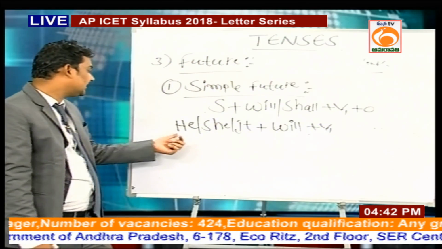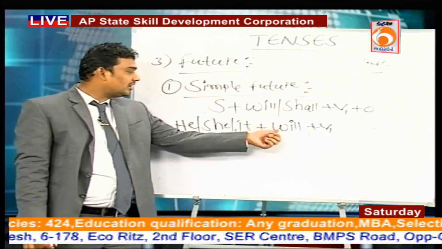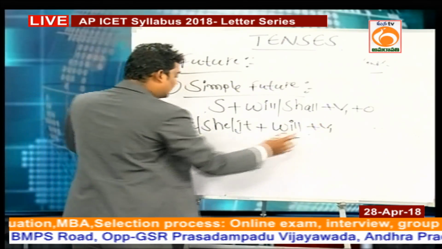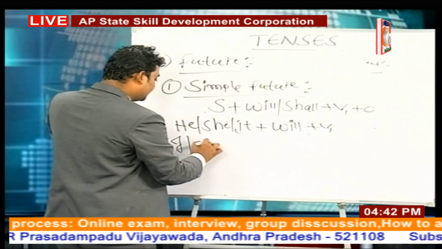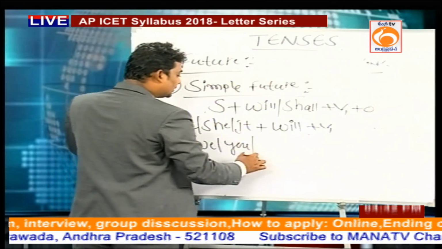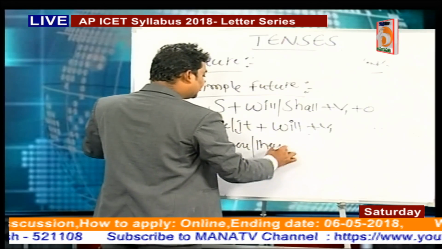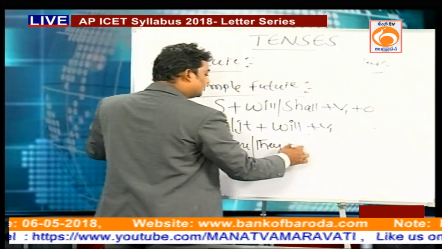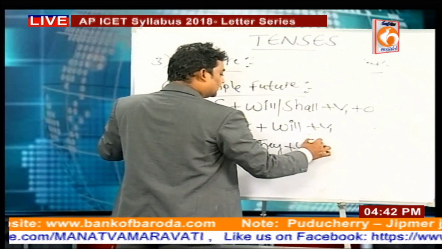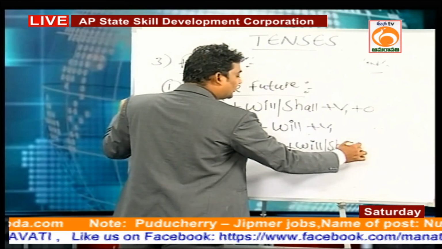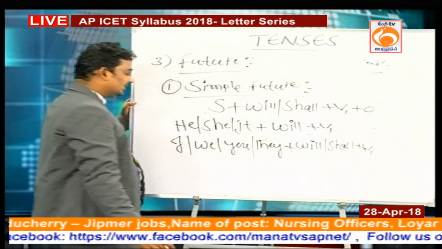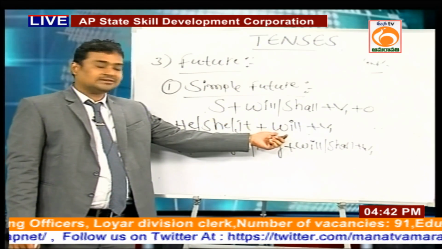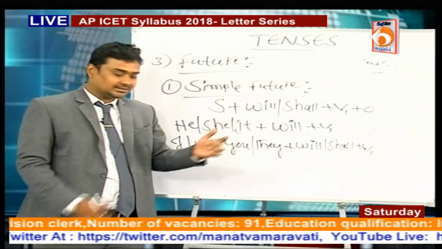Next, I, we, you, they: if you are using all of these as the subject, the following helping verb can be both will or shall plus V1. The note is that if you are using he or she or it, we should not use shall, only the modal helping verb will. Okay.